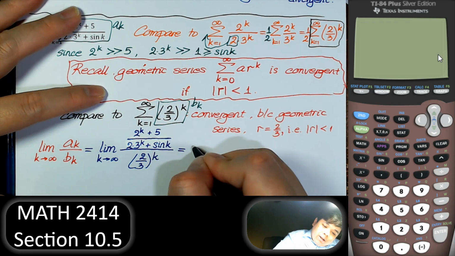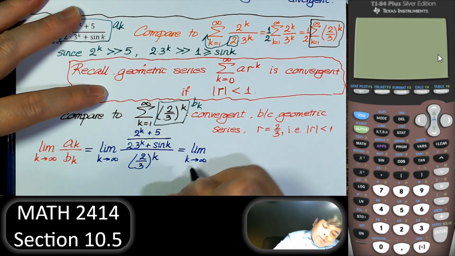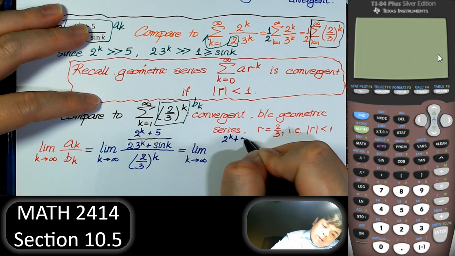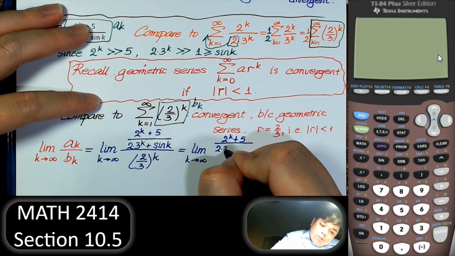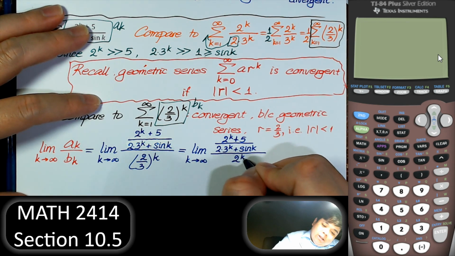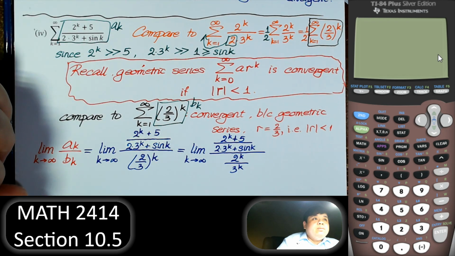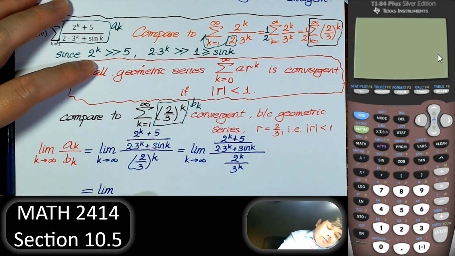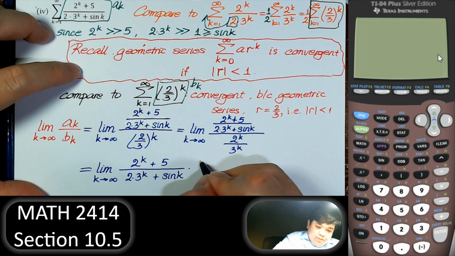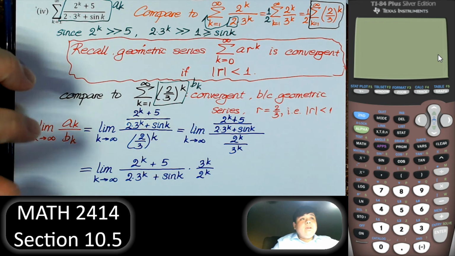I'm going to distribute the k in, but the top is still 2 to the k plus 5, 2 times 3 to the k plus sine k, and 2 to the k, 3 to the k, and then we flip. Right, this should be a mess.